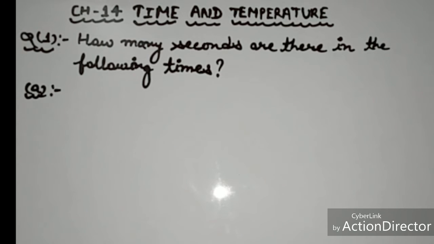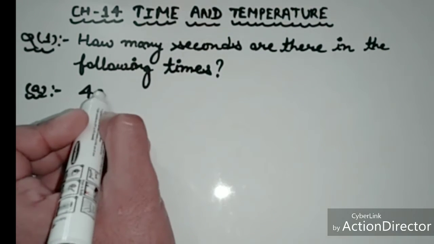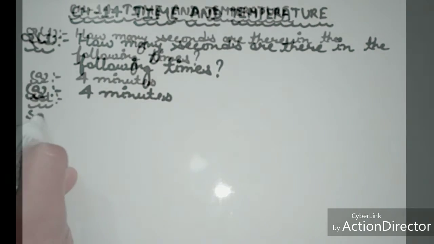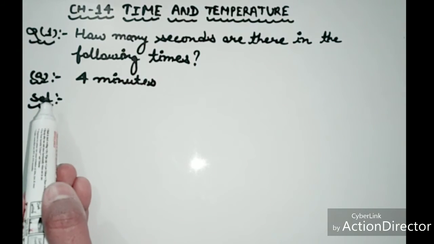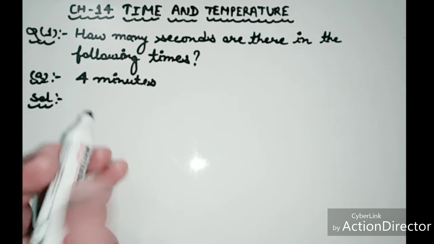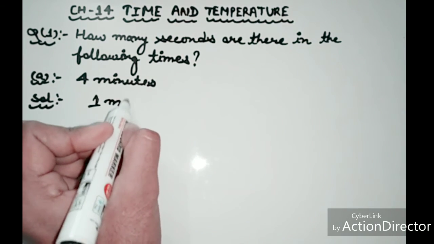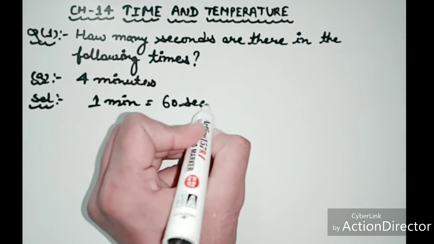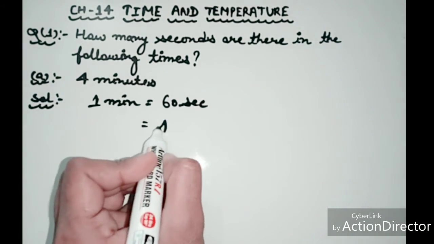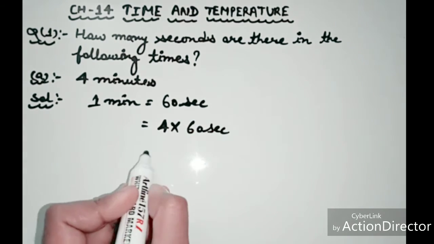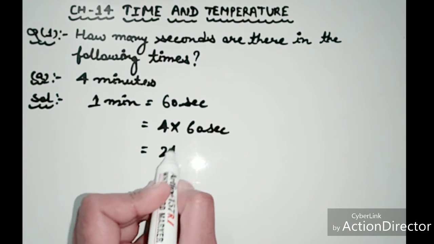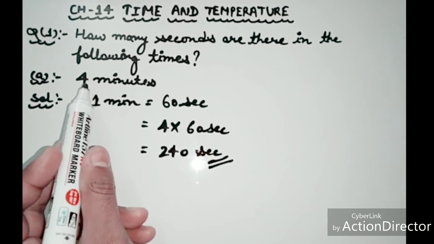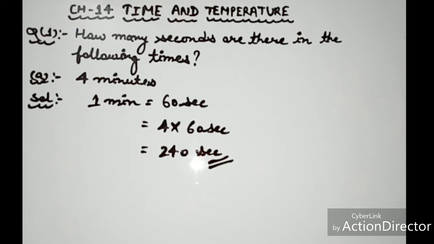First we convert example A, 4 minutes. How many seconds in 1 minute? We all know that 1 minute equals 60 seconds. So we multiply 4 by 60 seconds. 4 sixes are 24 and we put a zero. So 4 minutes equals 240 seconds.